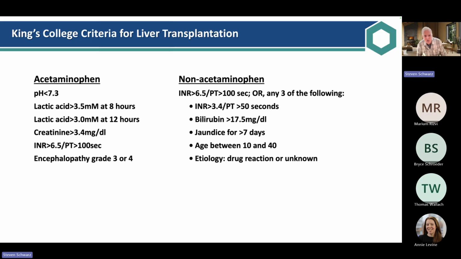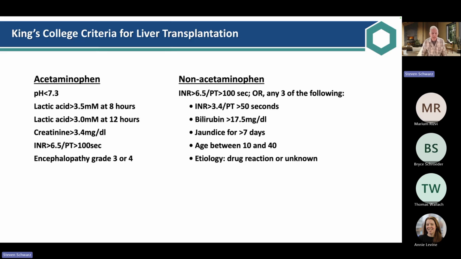I'll just put this up here for your edification. This is from King's College in London. The criteria for liver transplantation for drug-induced liver injury for acetaminophen versus non-acetaminophen. Again, these are patients who are really severely affected with marked elevations in their INR.